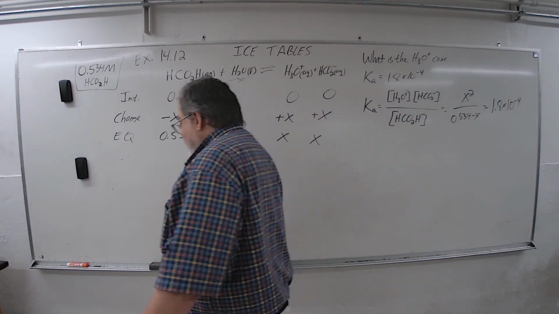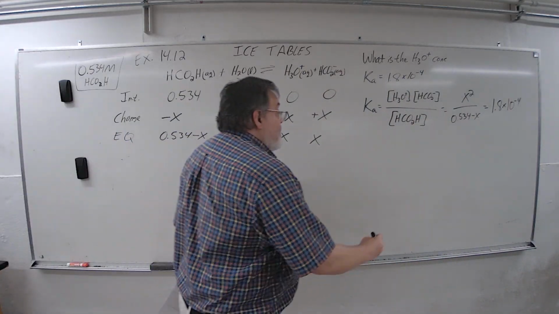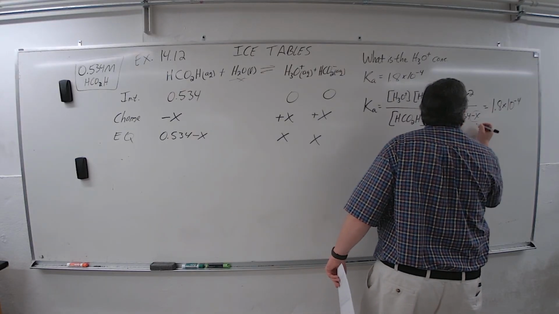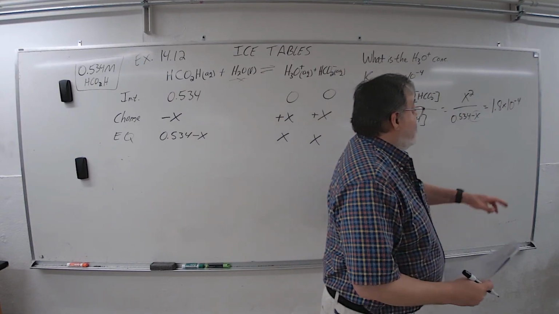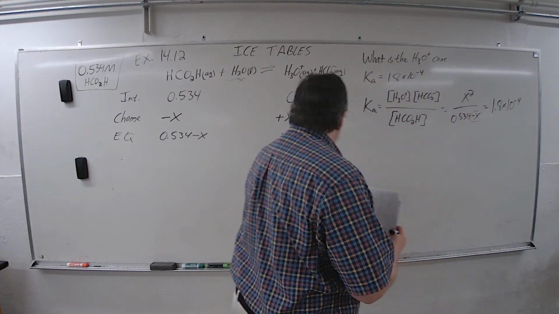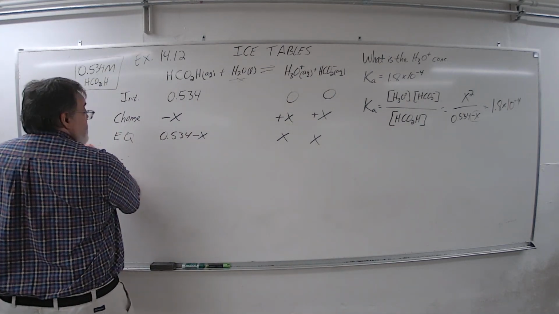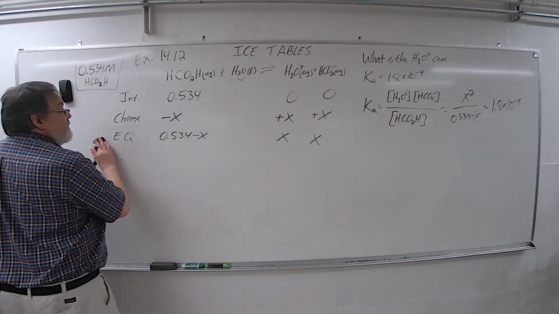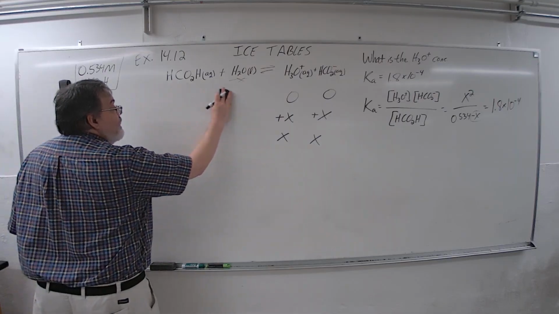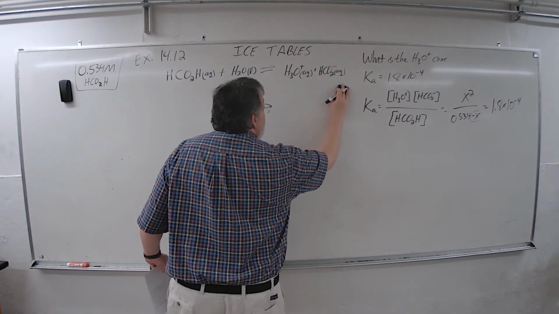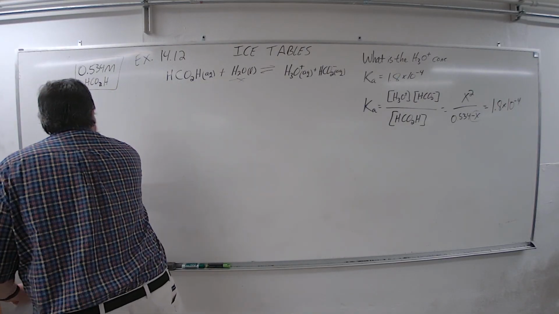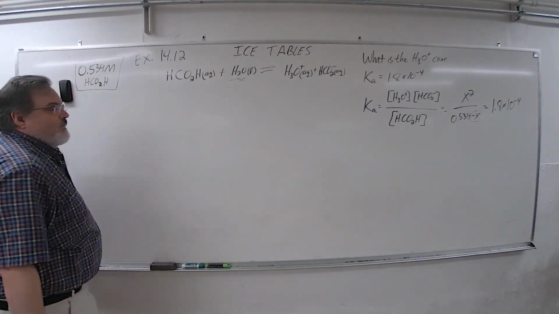And we're going to do it again. We're going to assume that this x can be ignored because this is so small compared to 0.534. And it is an approximation, but it's good out to a few significant figures.